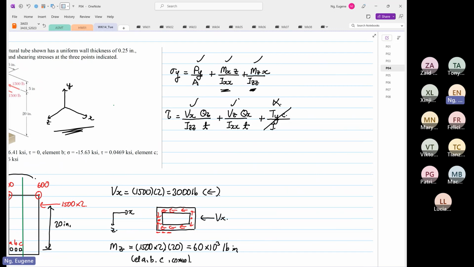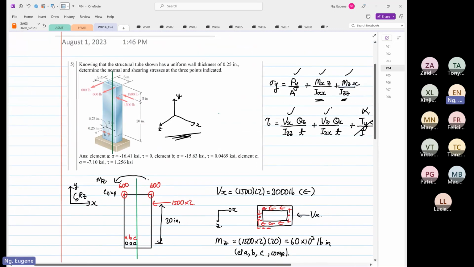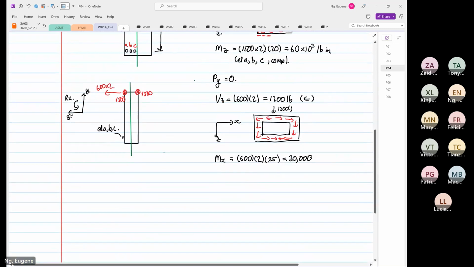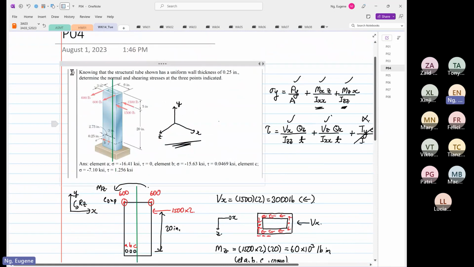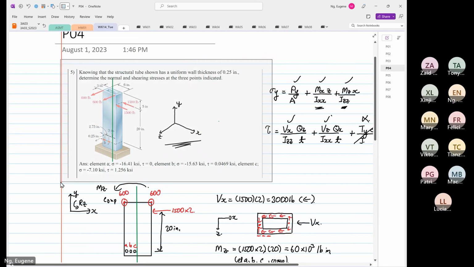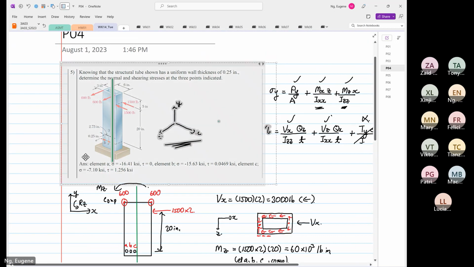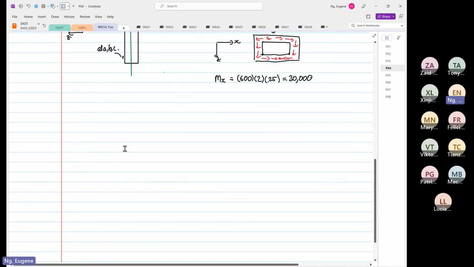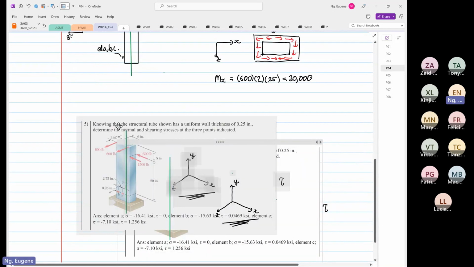This is where you have to be really, really careful. So again, I'm going to copy this whole thing, because if you get this wrong, you'll mess up your answer later on.